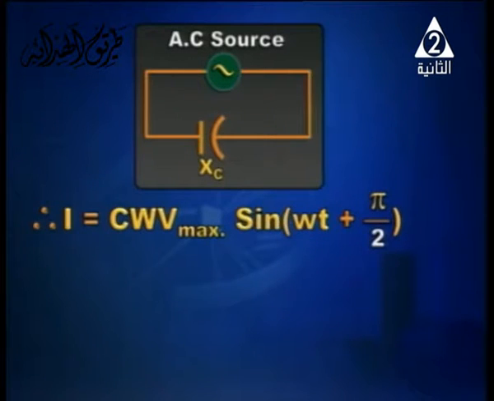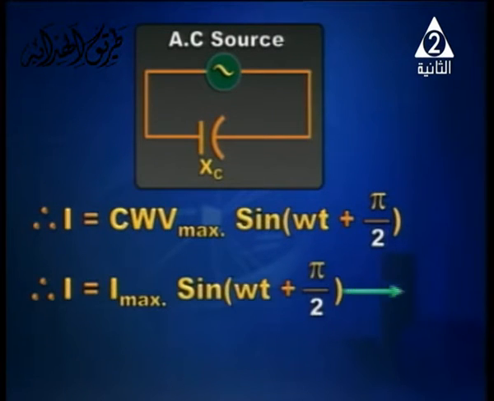Once again, cosine is replaced by sine, so it is sine of omega t plus pi over 2. So I is equal to I maximum sine omega t plus pi over 2, and of course, I maximum is equal to the product of C omega V maximum.